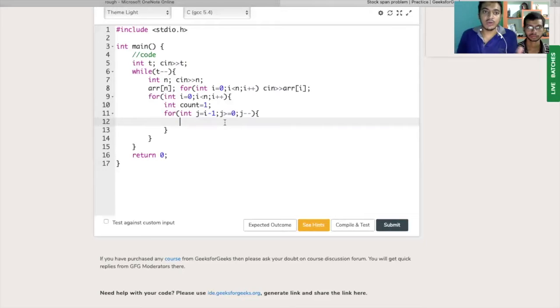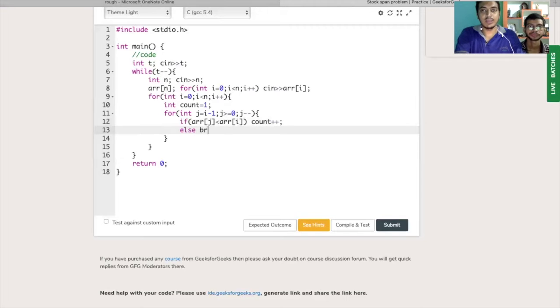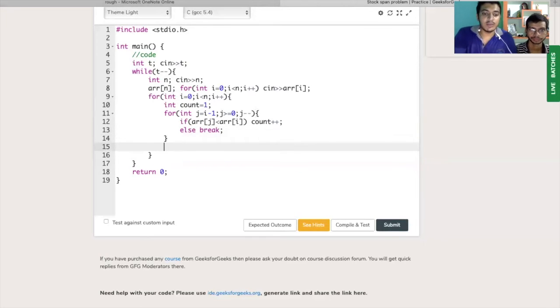I think now you got the idea why we are initializing the variable count by 1, because we have to include that particular day's price also. If array of j is less than array of i, then increment the count, else break the loop, because we are talking about consecutive elements, and for every element we are going to print the value of count.